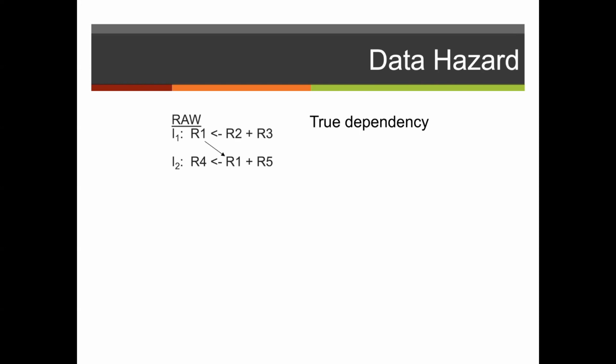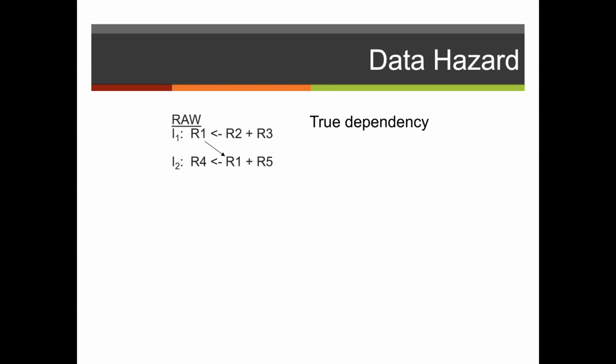And instruction 2 is going to need to read data from register 1 and store it into register 4 at the same time that it is being written to R1 in instruction 1. And so this represents what we called a read after write data hazard.